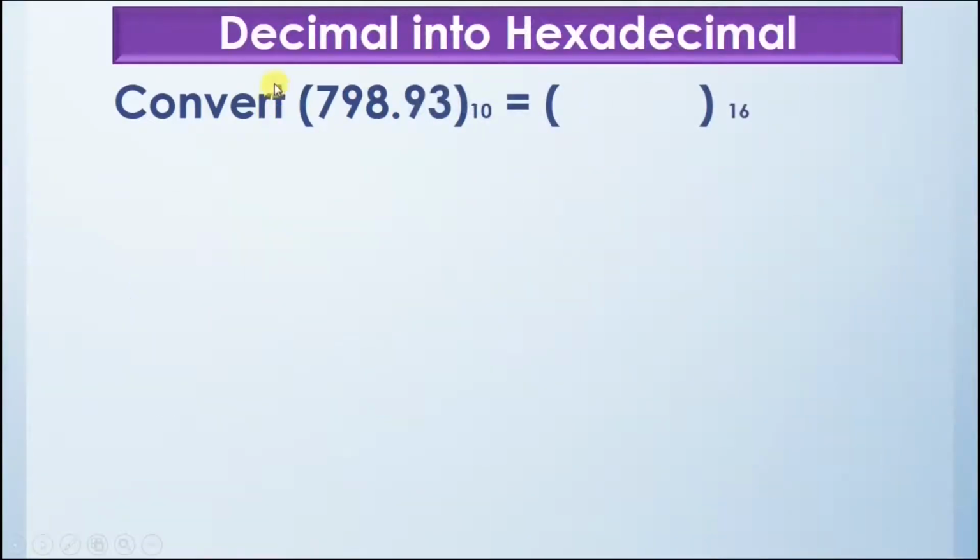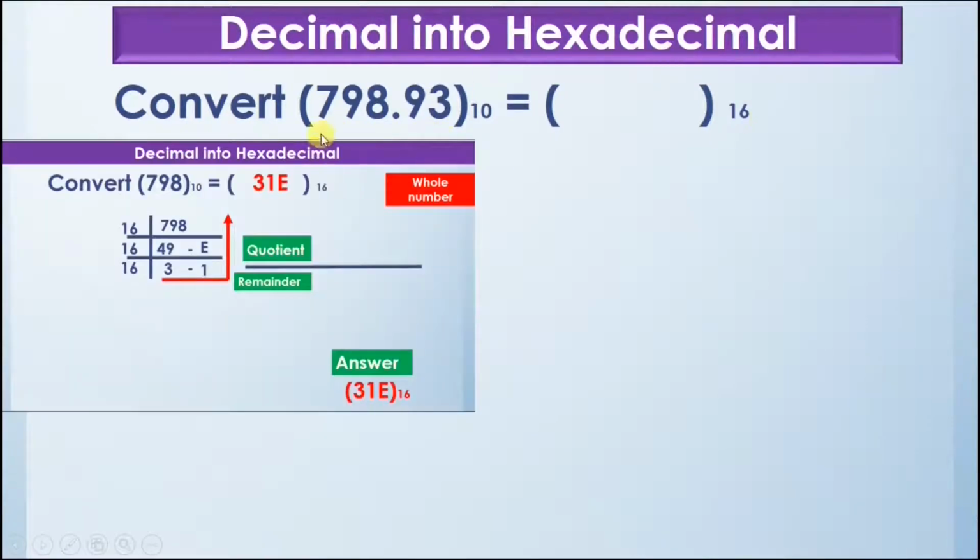So let's see how to convert decimal into hexadecimal using numbers that have a whole part as well as a fractional part. We remember that we converted 798 in decimal into hexadecimal. This number has the whole part 798, and in the previous slides I explained how we converted 798 in decimal into hexadecimal using the prime factorization method, and the result we got was 31e in hexadecimal.